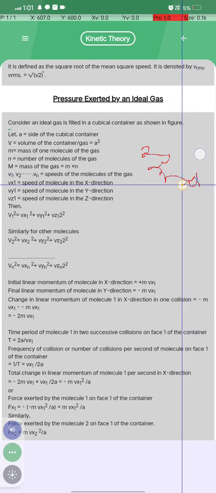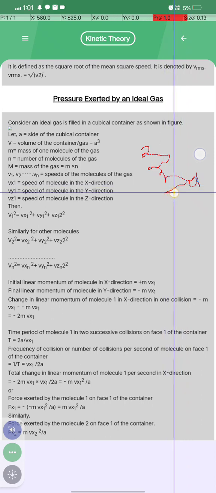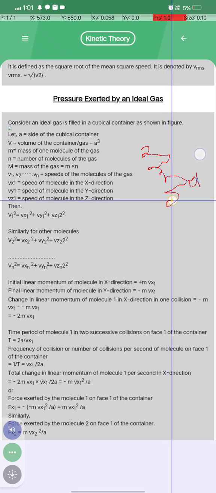vx1 is the speed of molecule 1 in the x direction, vy1 is the speed of the molecule in the y direction, and vz1 is the speed of the molecule in the z direction.